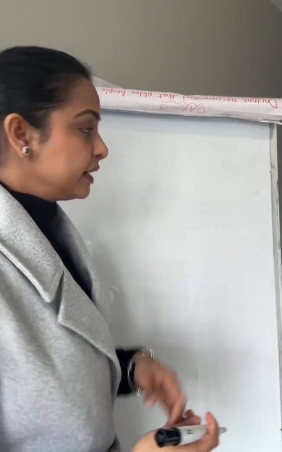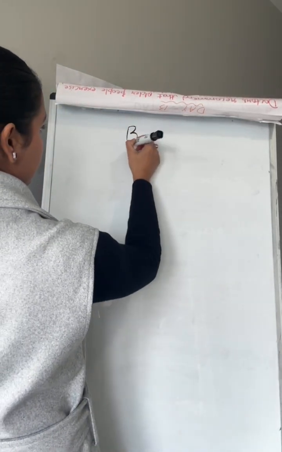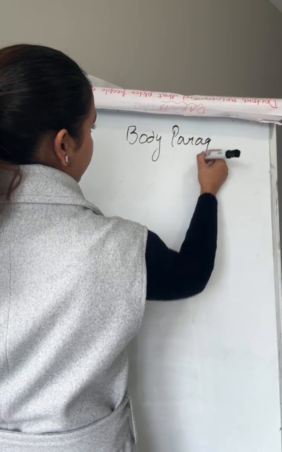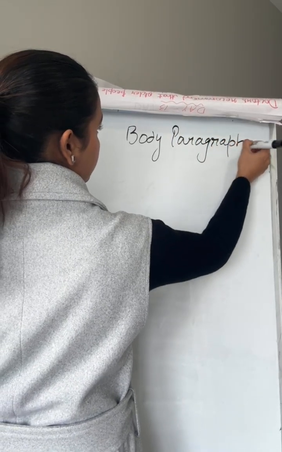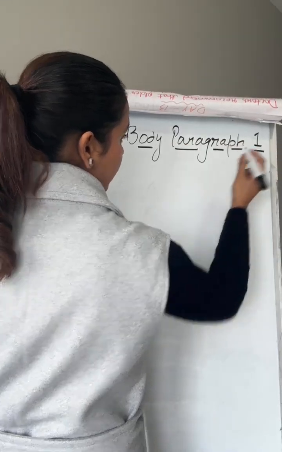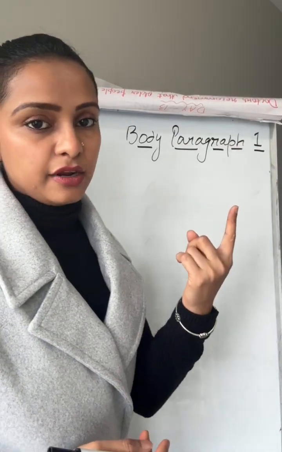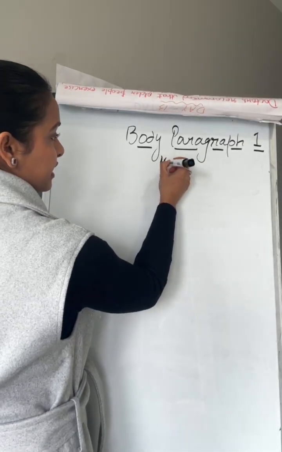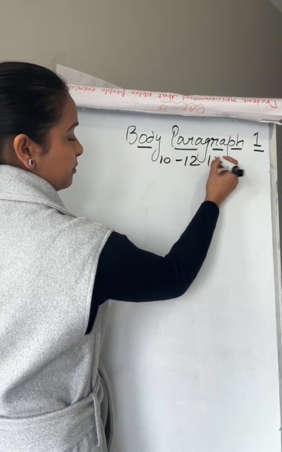Alright then, coming to body paragraph 1. Body paragraph 1 is the second paragraph after the introduction. Introduction is the first paragraph, the second paragraph is body paragraph 1. Its length is 10 to 12 lines, as I have told you in the previous lessons.